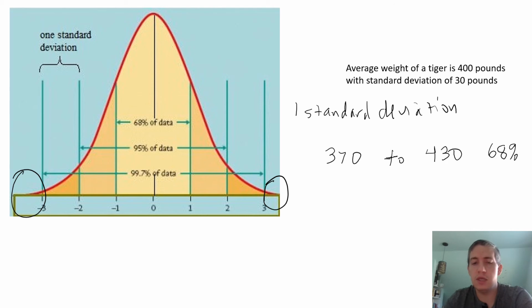So we would say that we might want to look at what's going on with their diet, why they're so much heavier than all other tigers. Or, similarly, if we had a tiger that was only 300 pounds, this is going to be again inside that tail, and we might wonder if there's a nutritional problem with this tiger as well.